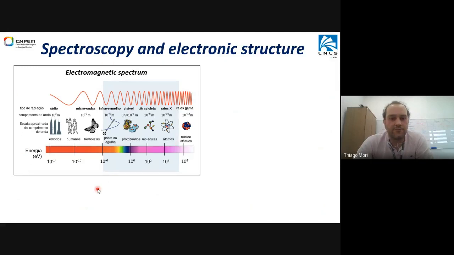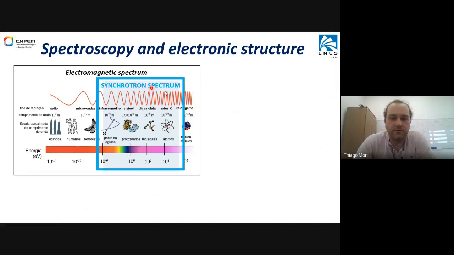Here I remind you about the electromagnetic spectrum, which has wavelengths from meters, more than meters, to picometers, and everything is electromagnetic waves. So the idea is that if you have different wavelengths, different energies, the electromagnetic radiation can interact with different things of different sizes.